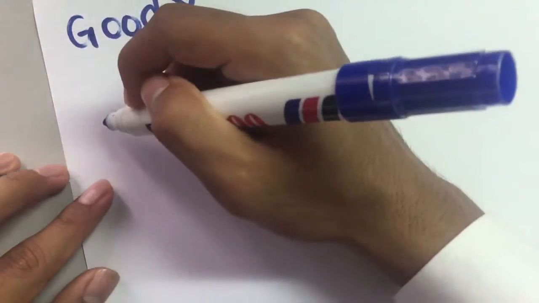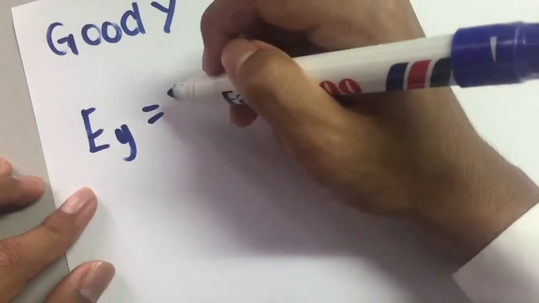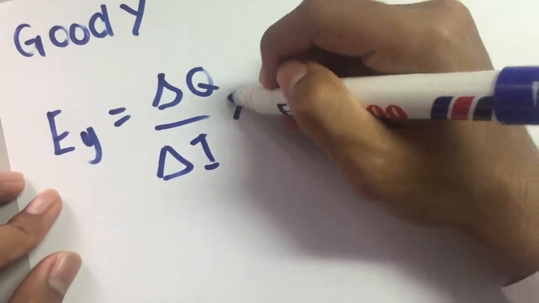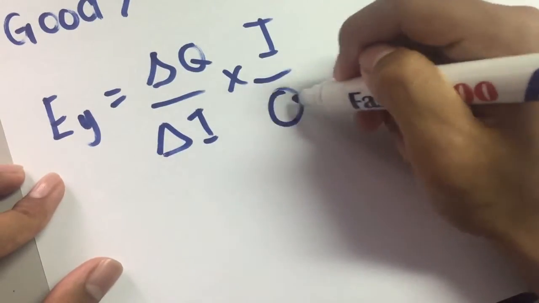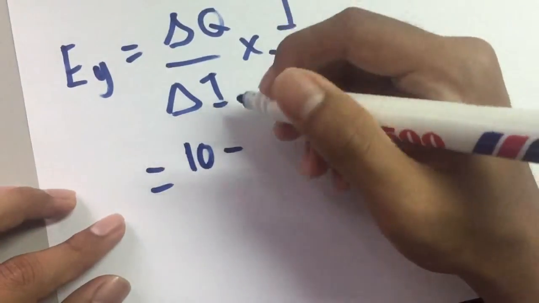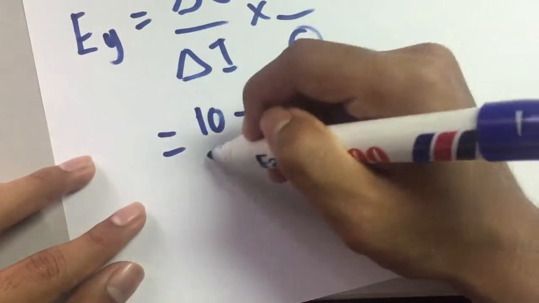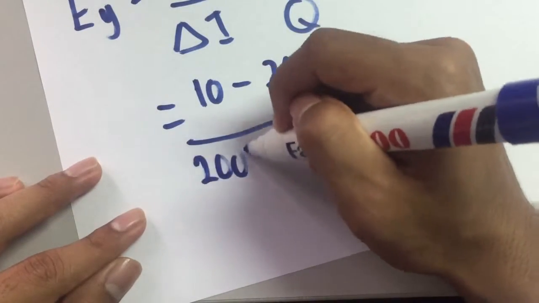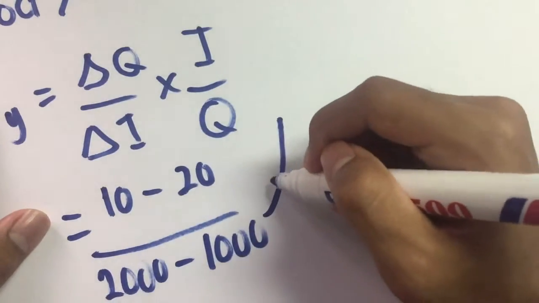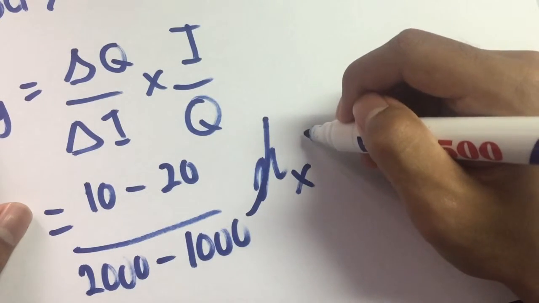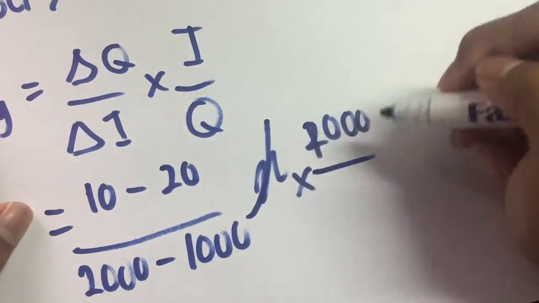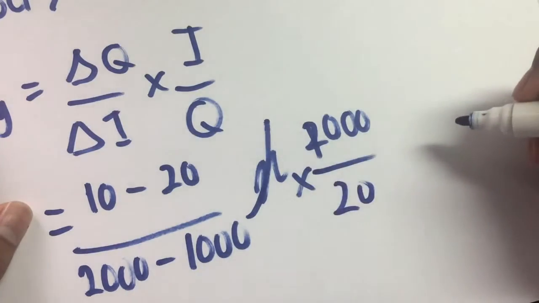We use the same formula for income elasticity of demand: change in quantity divided by change in income, times income divided by quantity. The new quantity is 10 and the old is 20. The new income is 2000 minus 1000, divided by the old income, and the old income is 1000 and the old quantity is 20.